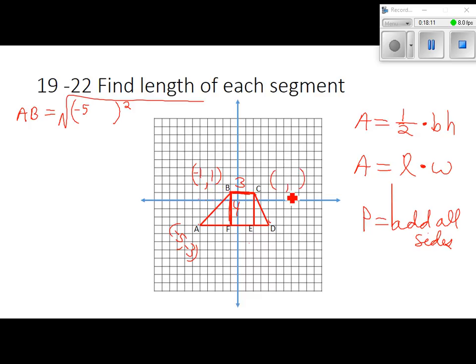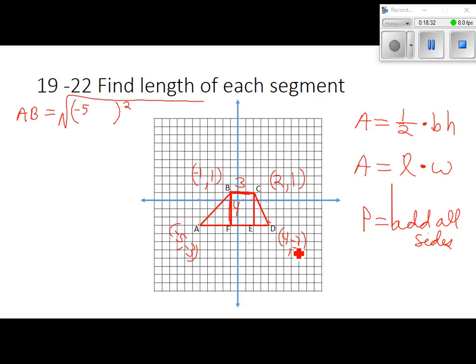C, the coordinates are right 1, 2, so +2 and up 1. And D, the coordinates are right 1, 2, 3, 4, and down 1, 2, 3, so -3 there.